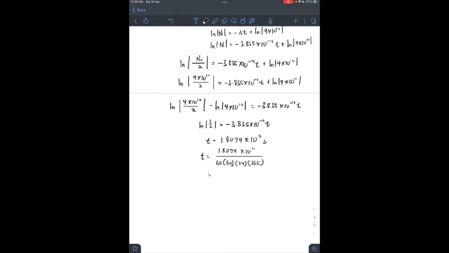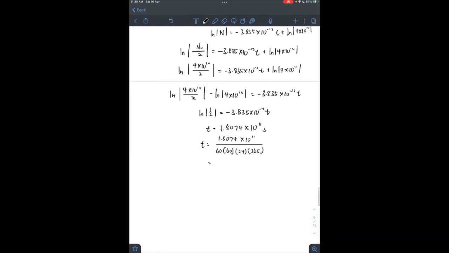The first 60 is about the seconds, the second 60 is about minutes, the 24 is about the hours, and 365 is about the years. After we divide this, we will convert it into years.